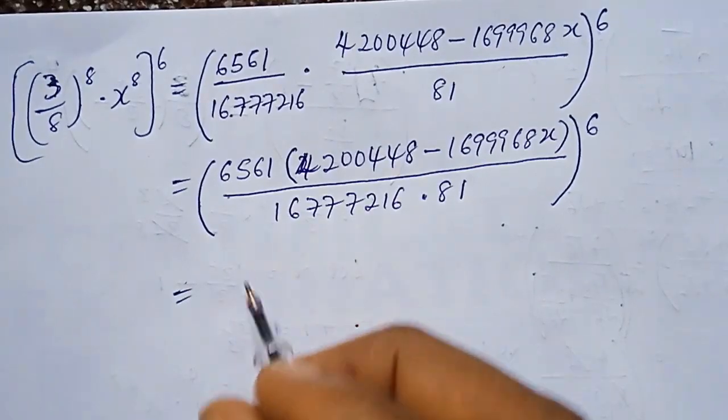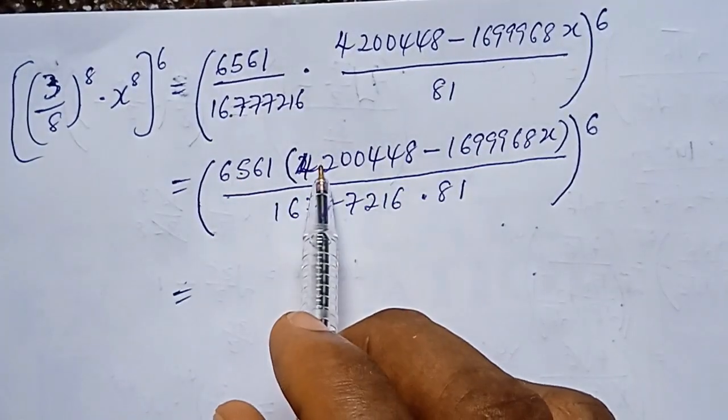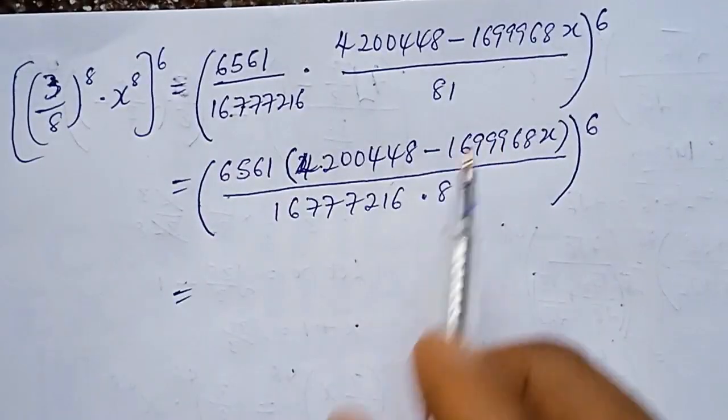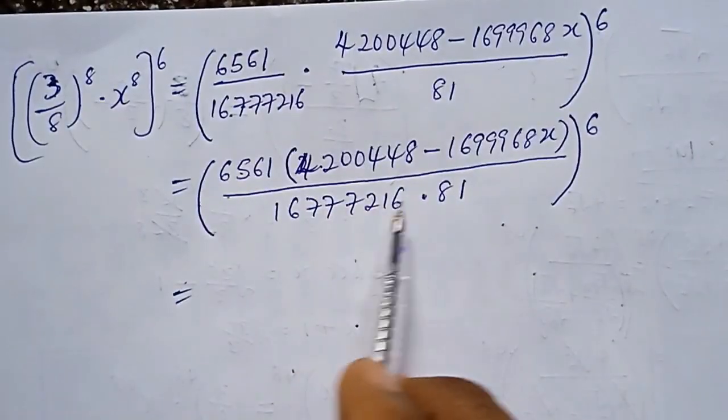From here we multiply this with this and this with this, then we multiply the denominators together.